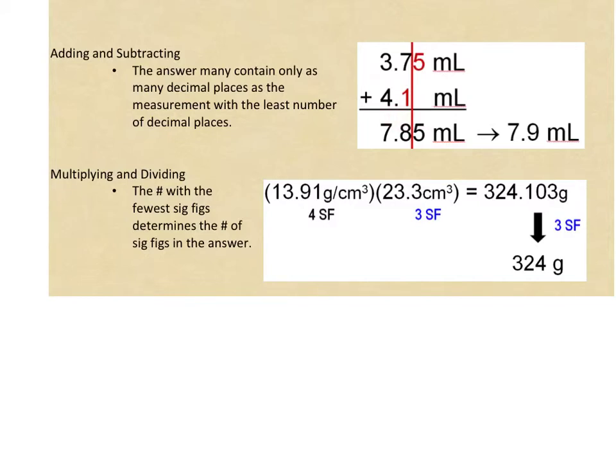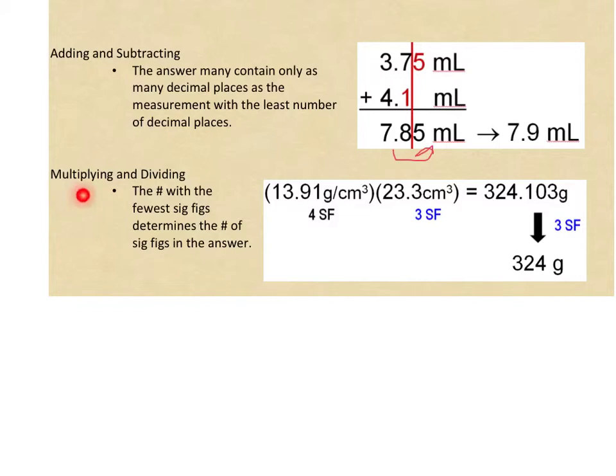So that's what your answer needs to be. For 7.85, you're going to start at 7.8. The next number is for rounding. If this number is 5 or bigger, then you're going to go up 1. So since it's a 5, you're going to go 7.9, 1 bigger than 8. If it was 1 to 4, like 7.84, then you just keep it as 7.8.